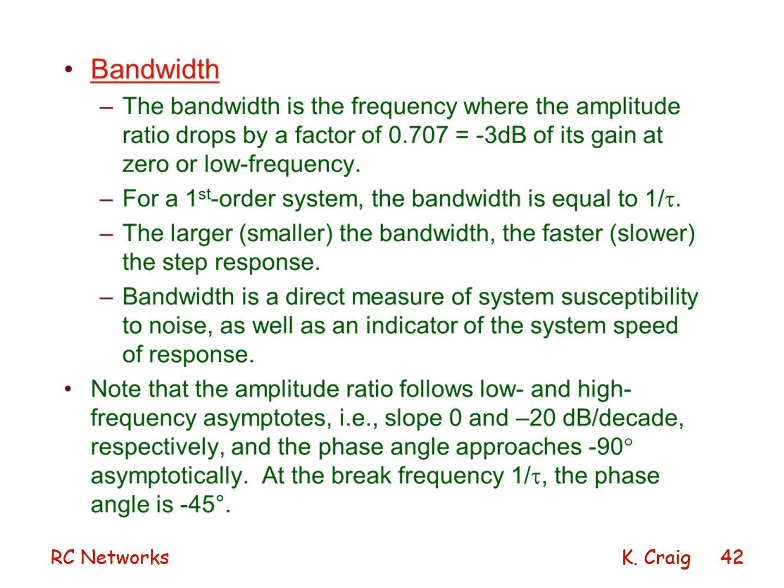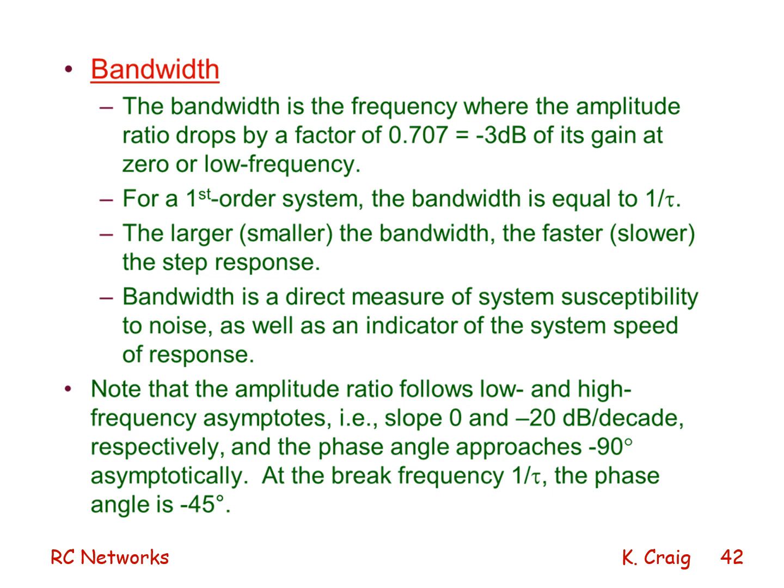Note that the amplitude ratio follows low and high frequency asymptotes, slope 0 at low frequency, minus 20 dB per decade at high frequency, and the phase angle approaches minus 90 degrees asymptotically at high frequency. It starts off at 0 degrees at low frequency.